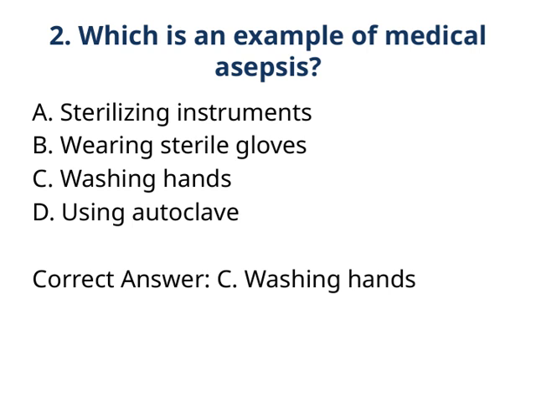In contrast, washing hands is a key component of medical asepsis, which aims to reduce the number of pathogens to prevent infection. So, when asked which is an example of medical asepsis, washing hands is the correct answer. Remember, these practices work together to keep both patients and healthcare workers safe, but hand hygiene is often the first line of defense we have.